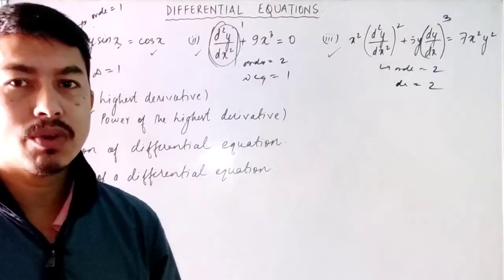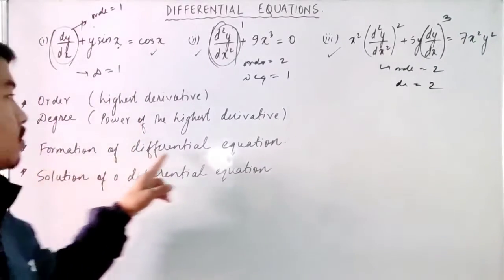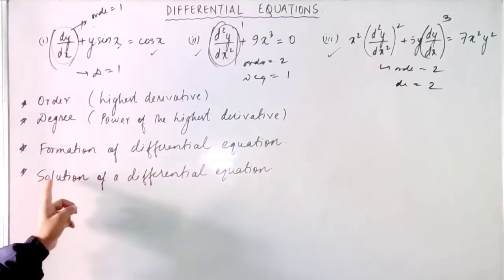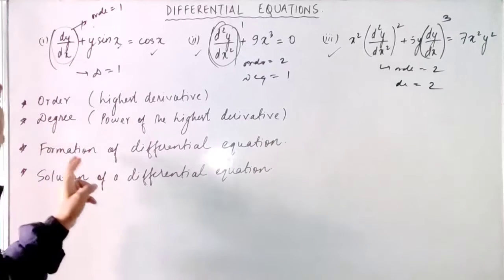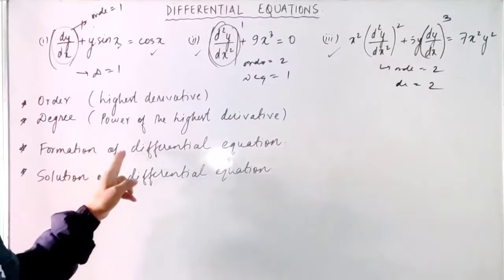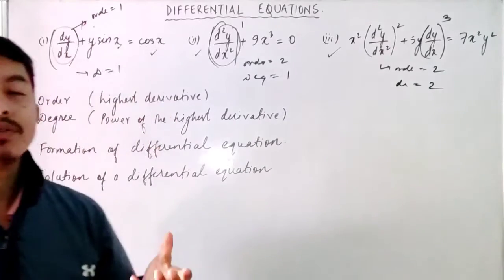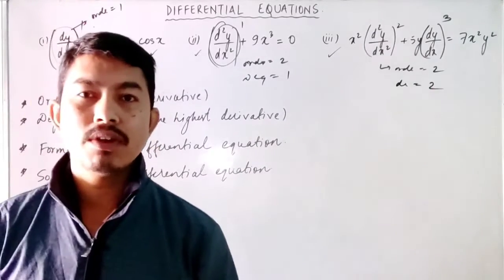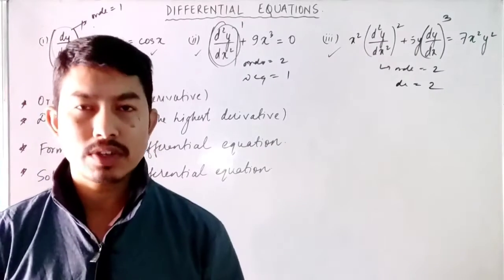In this differential equation chapter, basically we will be doing two things. The first is the formation of the differential equation, and the second is getting the solution of a differential equation. To form the differential equation, we have to go on differentiating the given equations until we eliminate the constant.